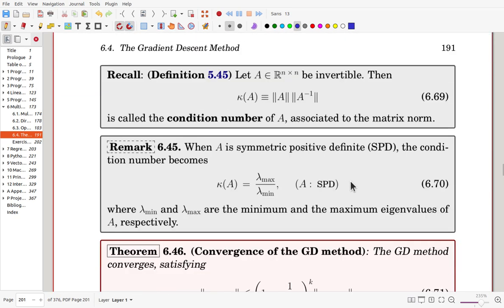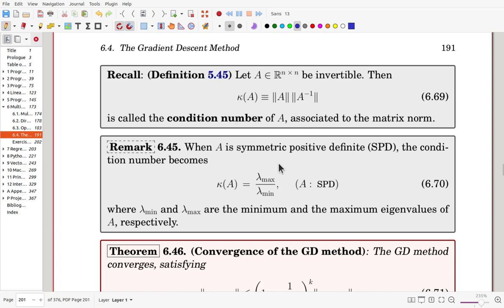Now for the gradient descent method, we may analyze its convergence. Once A is invertible, then for invertible matrices, the condition number is defined in this way: norm of A times norm of A inverse. Of course, this norm is a matrix norm, and that is the definition.